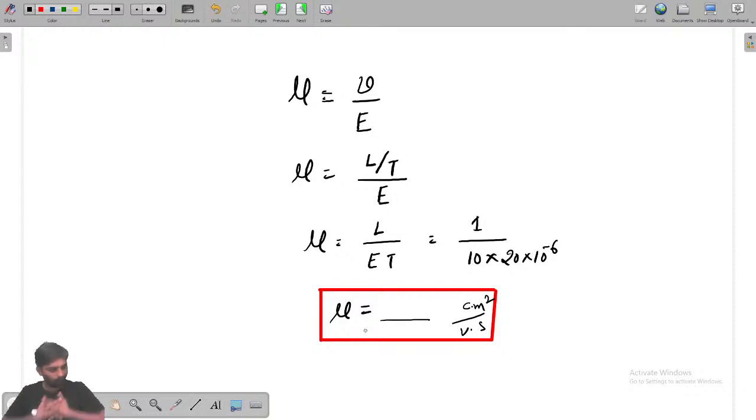How much is the value? 5 into the power 3. Correct, Krishnaveni, it is going to be 5000.